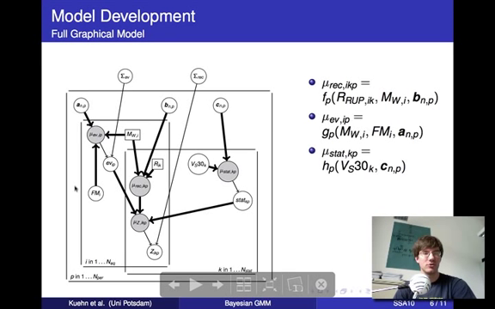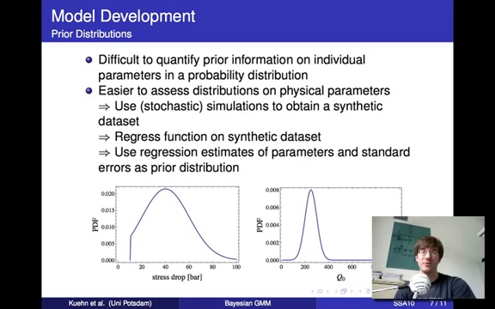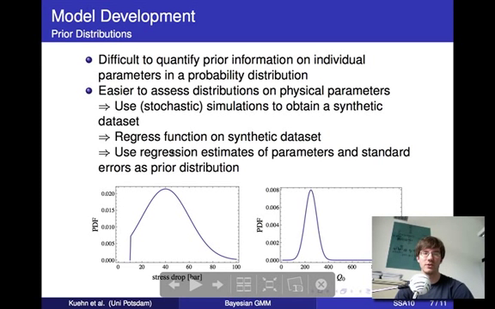For each of the root nodes which have no parents, we need to specify a prior distribution. That means here for our parameters, for the covariances, and for the predictor variables. And that's of course sometimes not really easy. It's really difficult to quantify a probability distribution on individual parameters, and therefore we've chosen a different way.